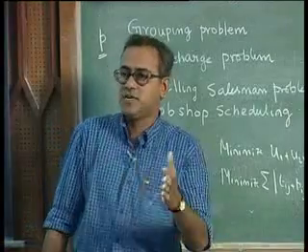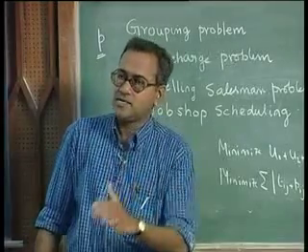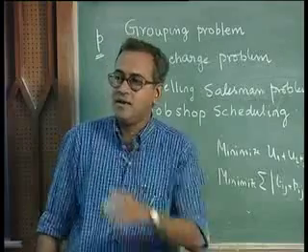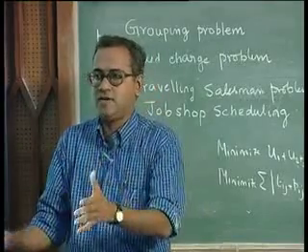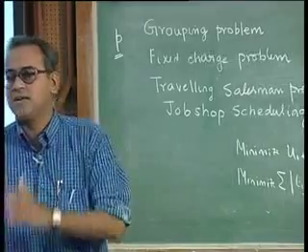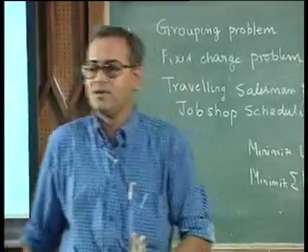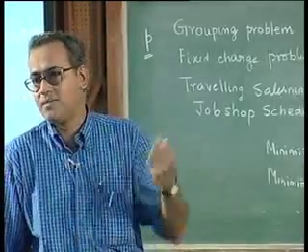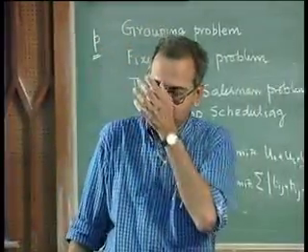If you finish a job early, you would like to send it to your customer. Customer may not want to receive it. He will say that I have put my schedule in such a way that this item is going to go to production only tomorrow. So, it is enough if you send me tomorrow morning, do not send it today or 2 days earlier. I do not want to hold that inventory in my possession, and those are issues related with operations.